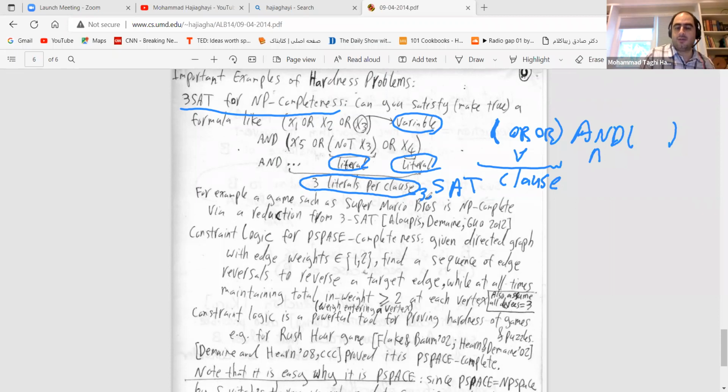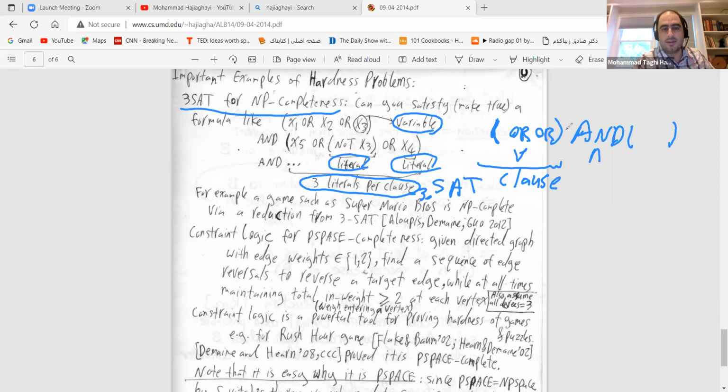And this is an instance of 3-SAT. If we don't have any particular restriction on the size of the clauses, a clause can have up to n literals, where n is the input size, then the problem is called satisfiability, or SAT. It was originally proved that this problem is as hard as, for example, Turing machine satisfiability.